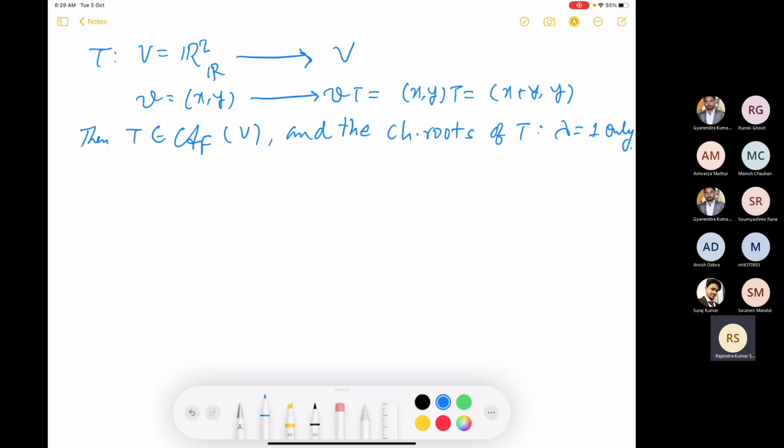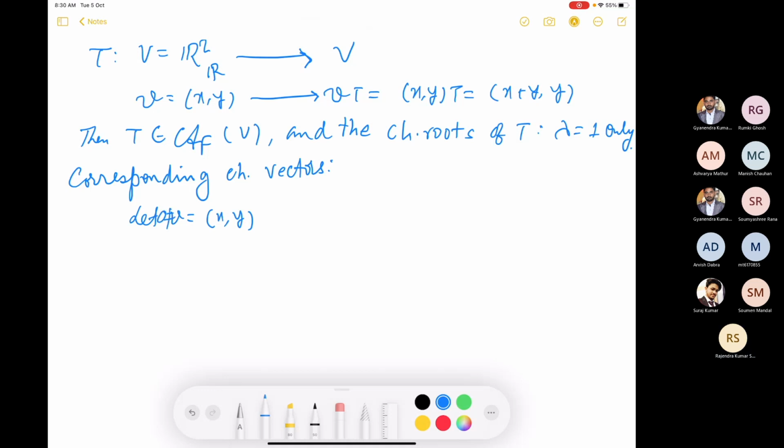Now, corresponding characteristic vectors. So let us take v equal to (x, y), which is not 0, that is, (x, y) is not (0, 0). x and y are not 0 at the same time.